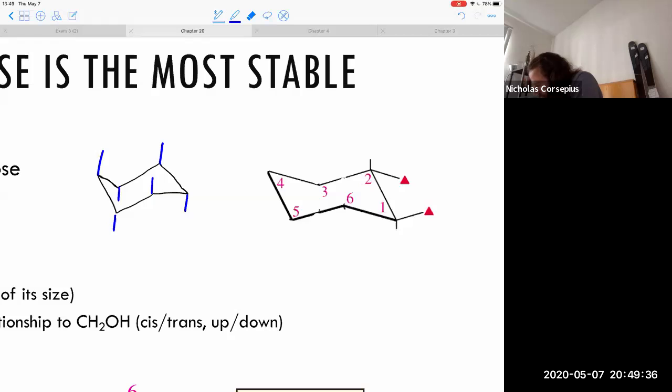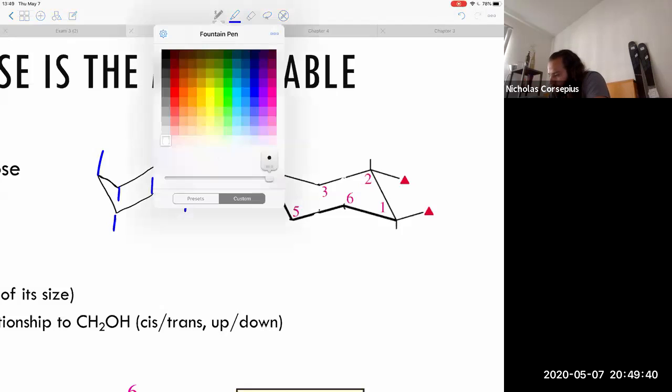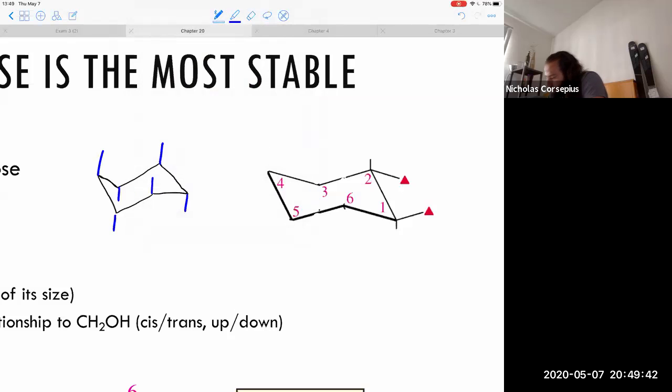I'll even keep a little reminder there. So this structure here, all right, talking about this guy here, are those two substituents cis or trans? Are they on the same side or opposite sides?